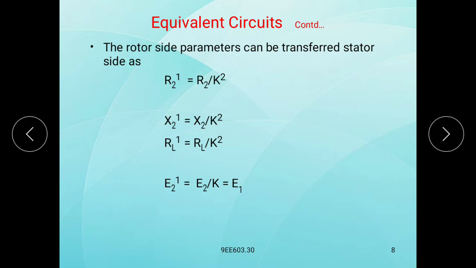E2 dash = E2/K, that is equal to E1. Here all the rotor side parameters can be transferred to the stator side.